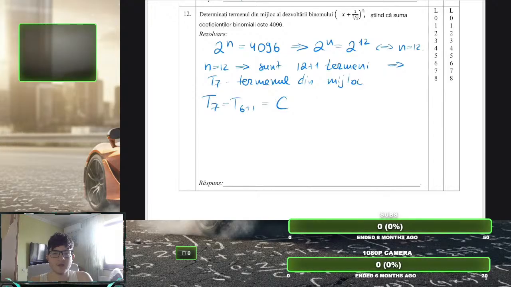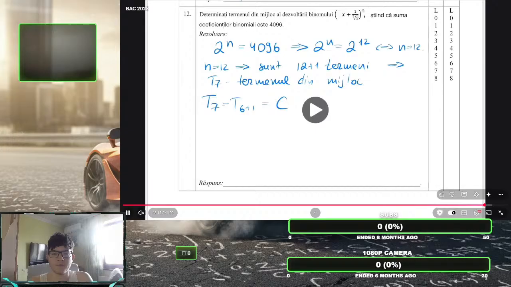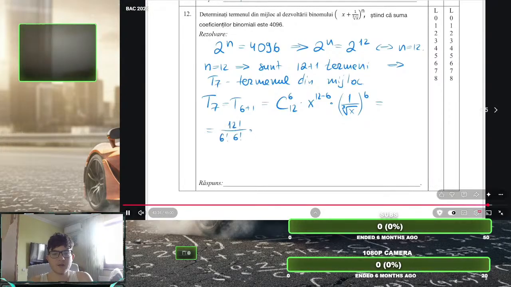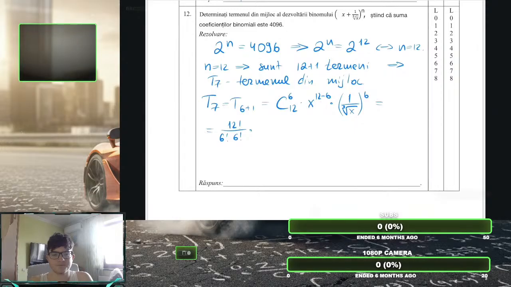C below is going to be n, which is 12. And on top we're going to have 6 times x to the power of 6, and there the same stuff to the power of k, which is 6. So C, the same stuff remains like this. Actually it's going to work out a bit. So it's going to be like this for now.